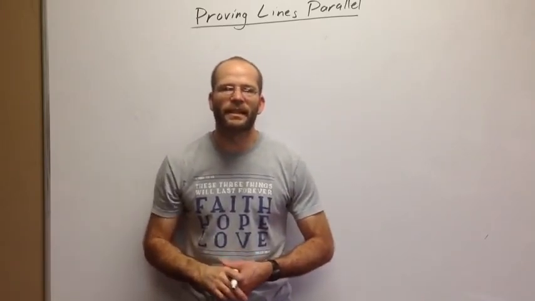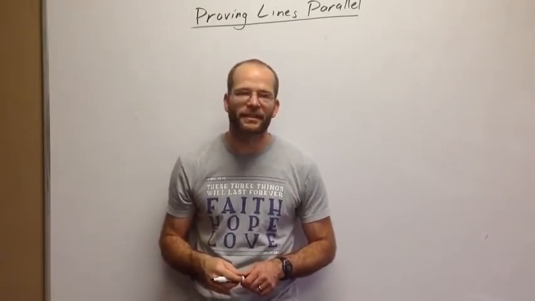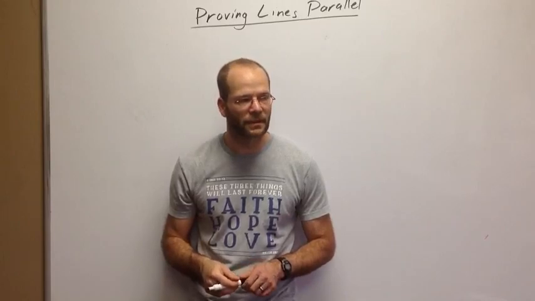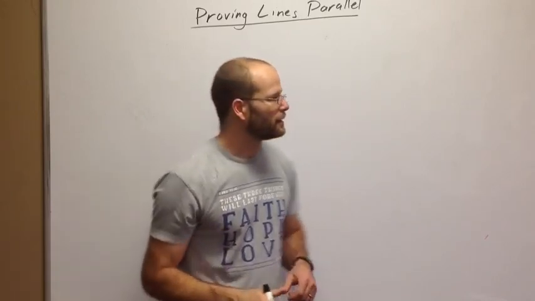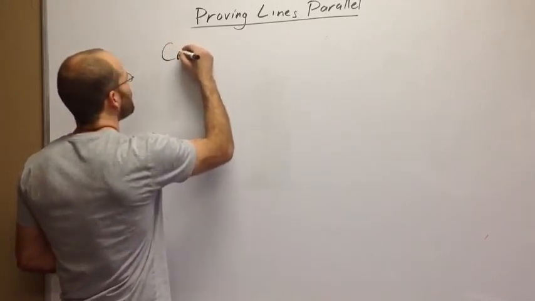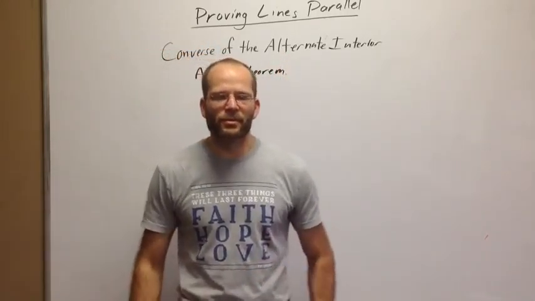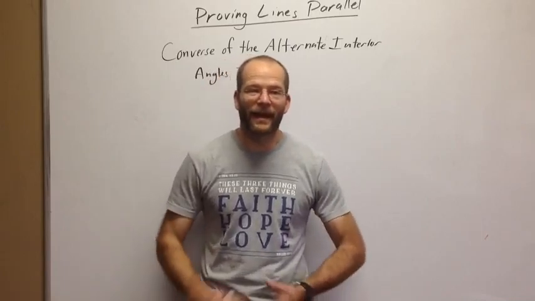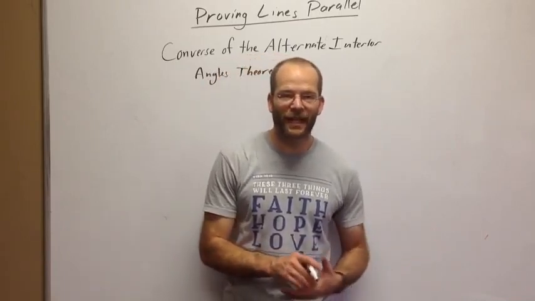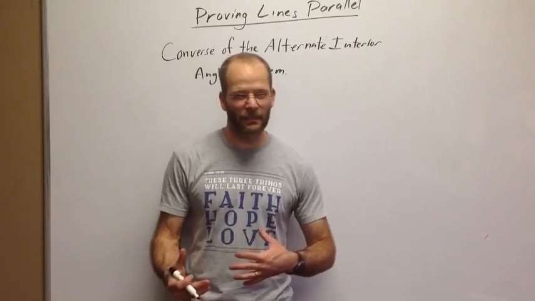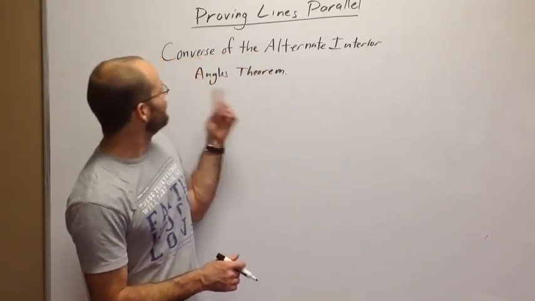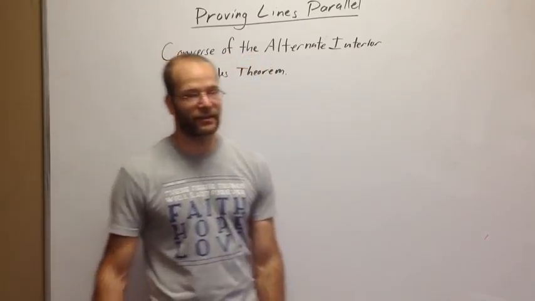The next rule we need to look at is called the converse of the alternate interior angles theorem. Let's write that down. The nice thing about these rules is that I don't really even need to tell you what they are. If you know the alternate interior angles theorem, then you should be able to ascertain what its converse is.